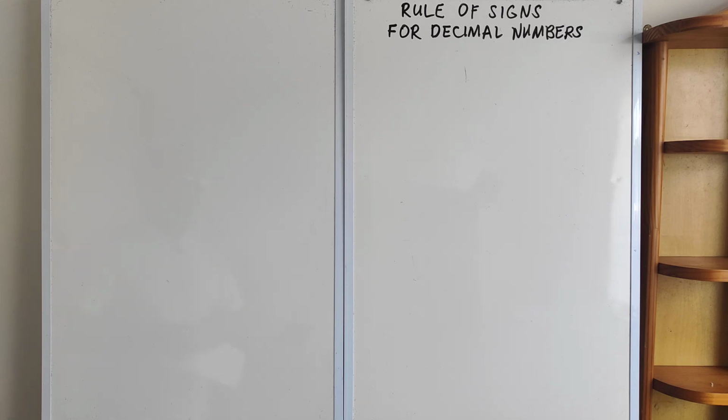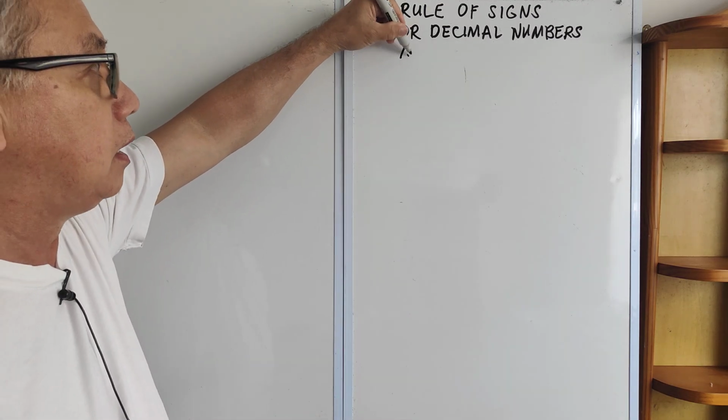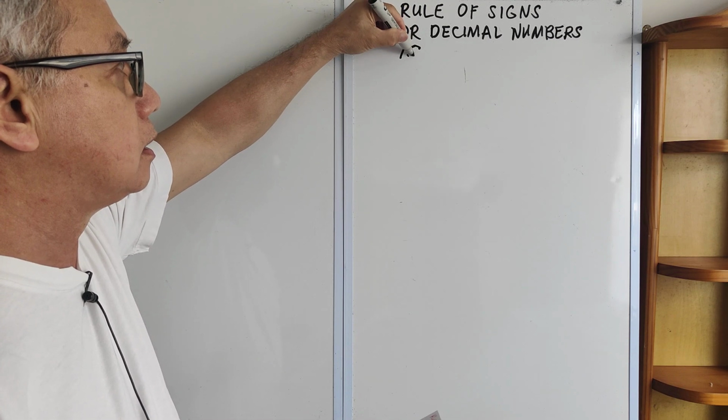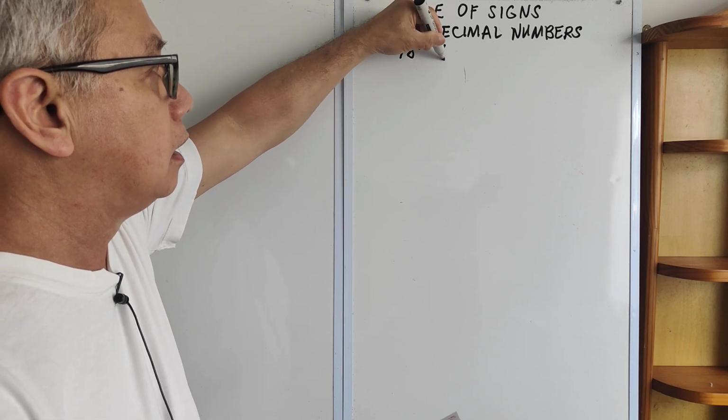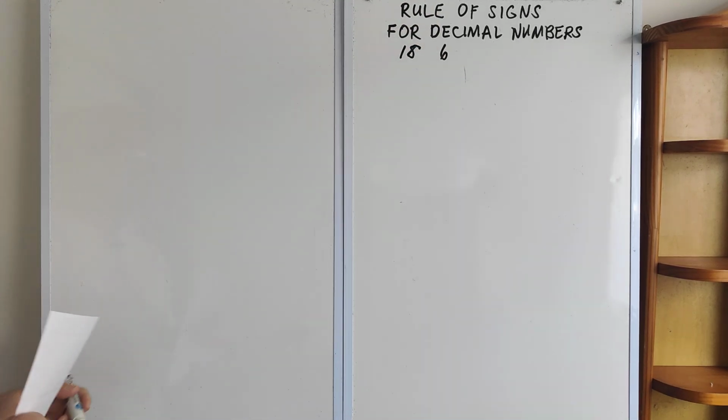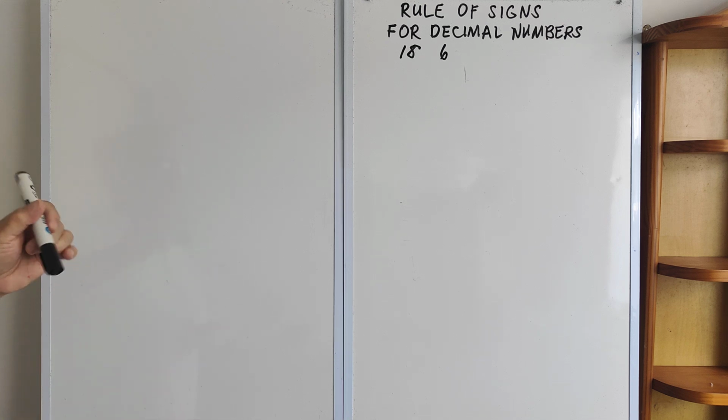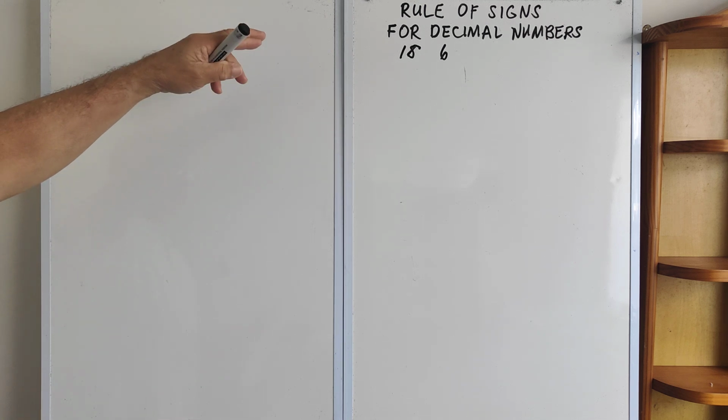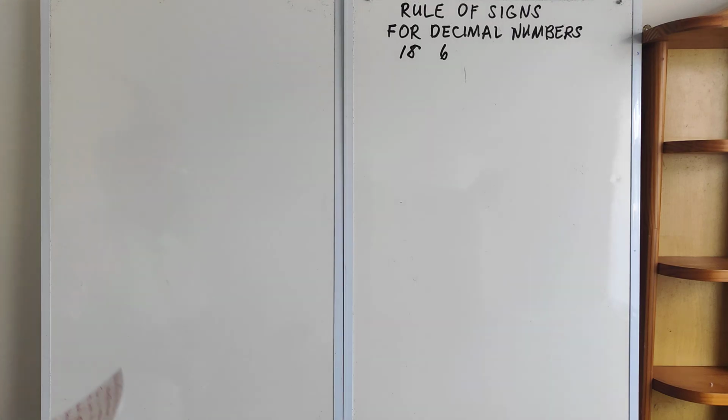So first, the first step that we need to do is to find two numbers where one is divisible by the other. Let's say it is 1.8, let's say this is 18 and 6. And then we can put a decimal point on both of them so that they will be used for decimal numbers.